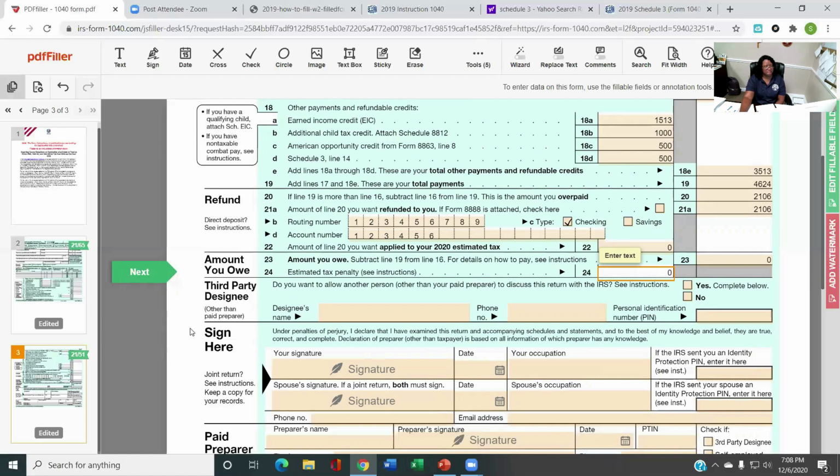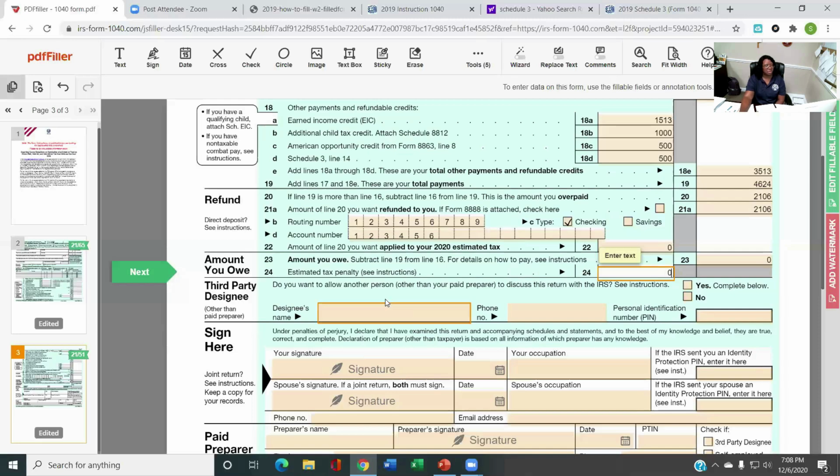The third party designee, most of the time I don't fill this out because I am the preparer. But this is if they wanted someone else to represent them. So say it's a mother that's getting her taxes done, and she wants her daughter to be able to talk on her behalf.